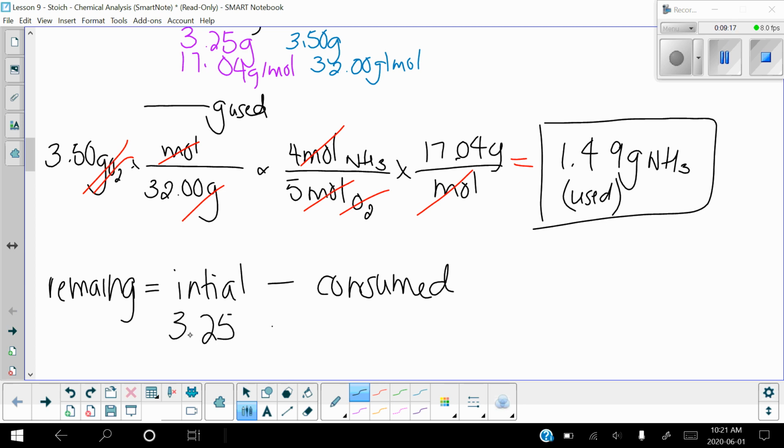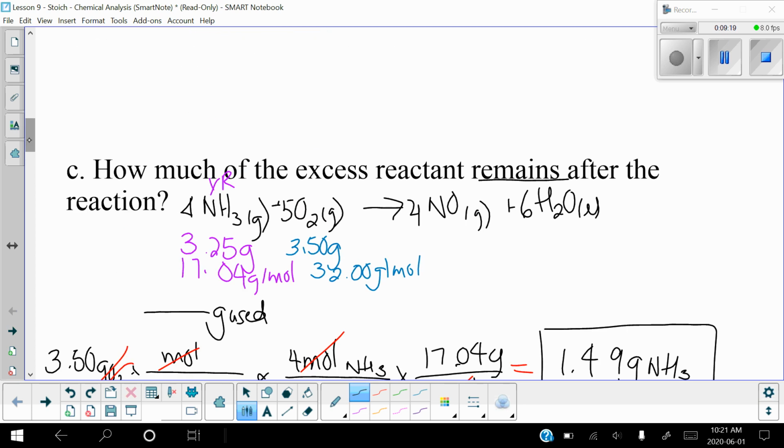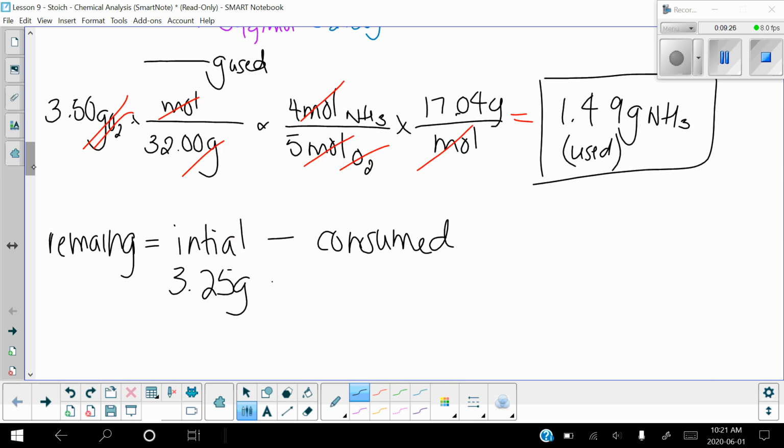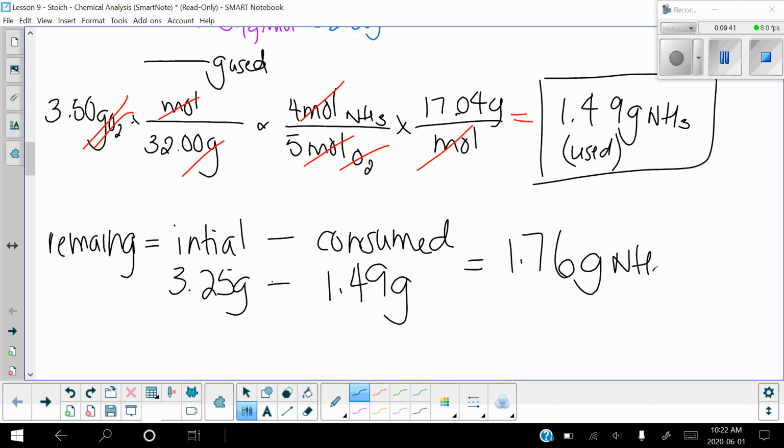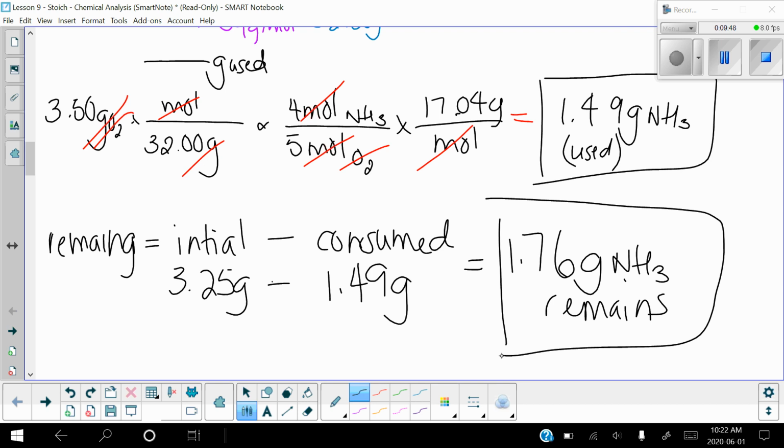Make sure you're selecting the right mass. I am selecting this. This is my initial. Minus 1.49 is equal to 1.76 grams of ammonia remains. There is my final answer.